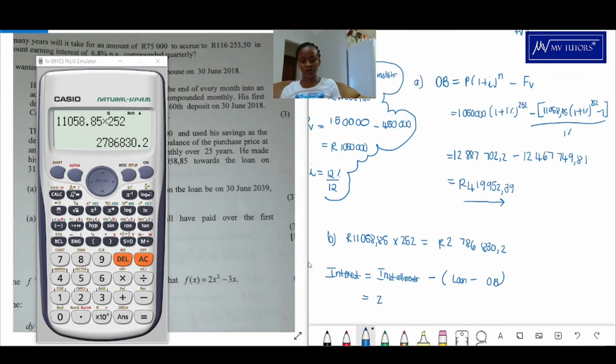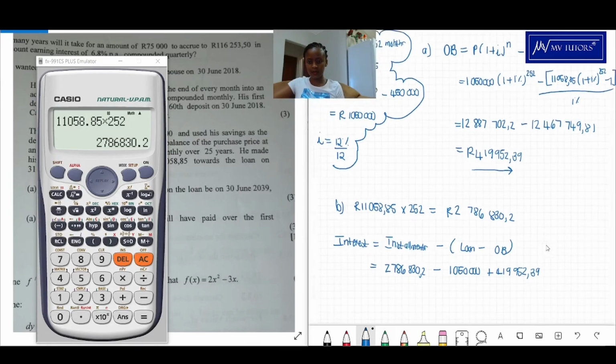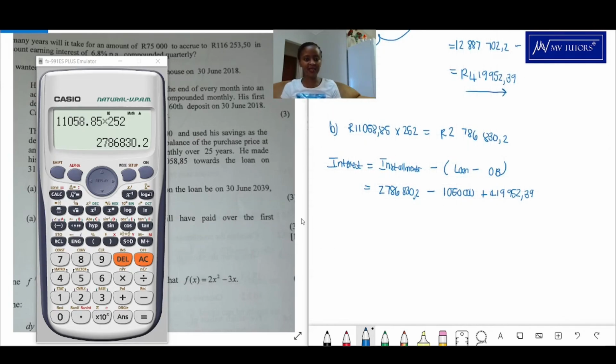So those installments amounted to 2,786,830 rands and 20 cents, minus the loan amount, which is 1,050,000, plus the outstanding balance 419,952.39. Let's take this, move it up, and then we can get our amount.